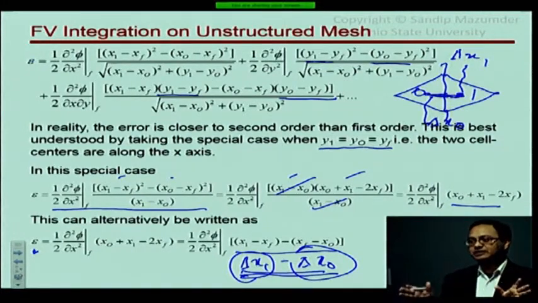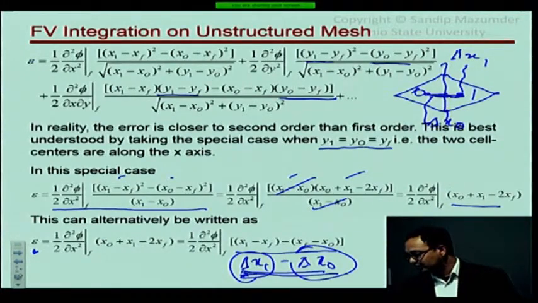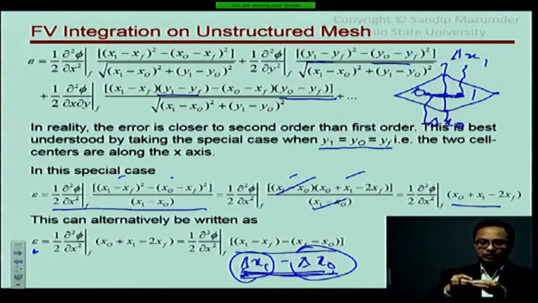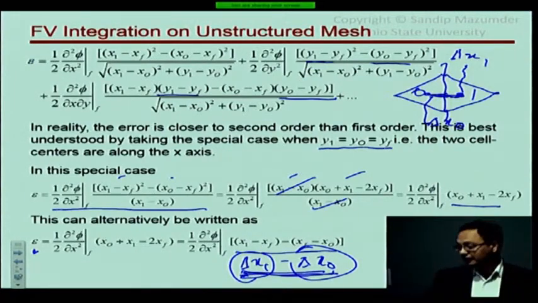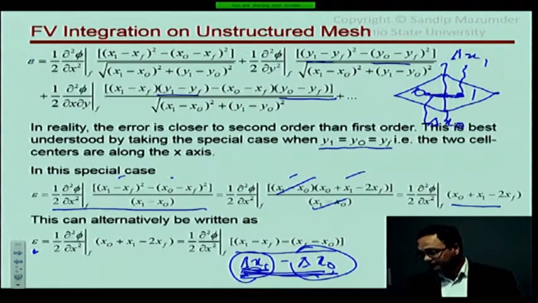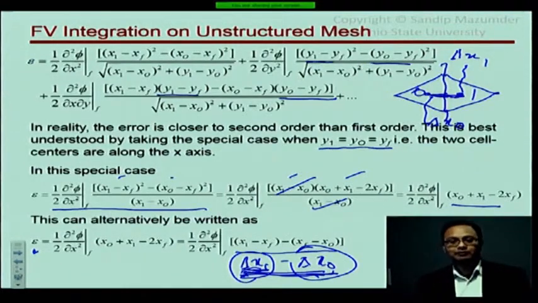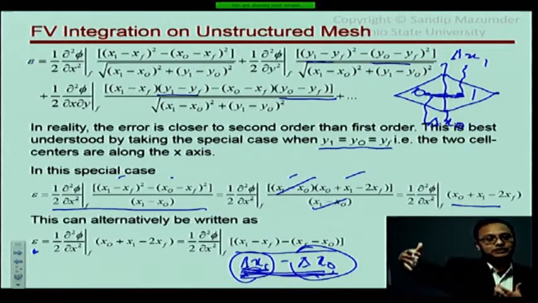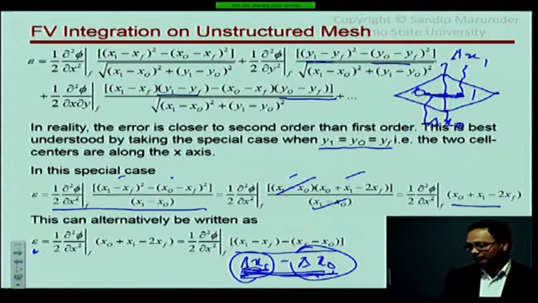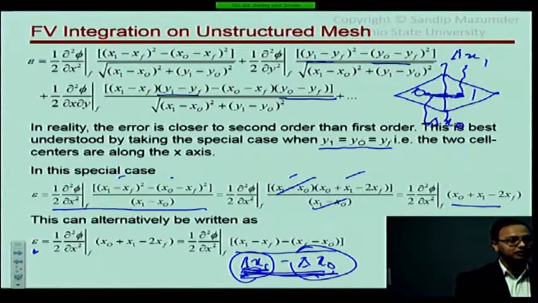This is closer to second order if the rate of stretching of the mesh is mild. If the rate of stretching of the mesh is very high, then these two quantities will be very different. So suppose I have a triangle like that next to another triangle like that, then that rate of stretching is very high. And so delta x1 and delta x0 are very different, so the difference will be significant and you'll get first order error.